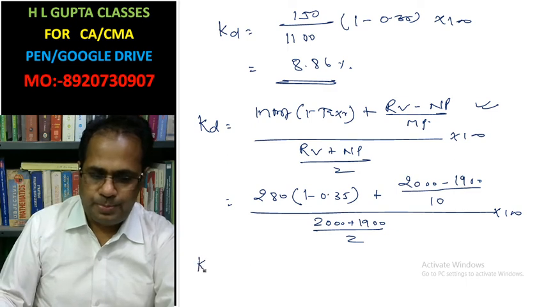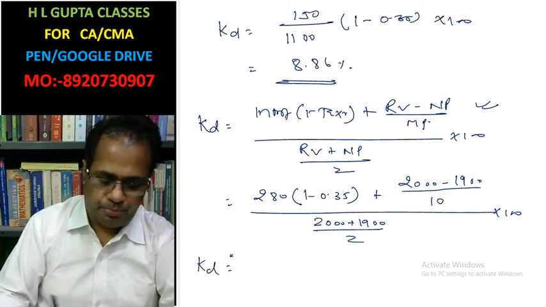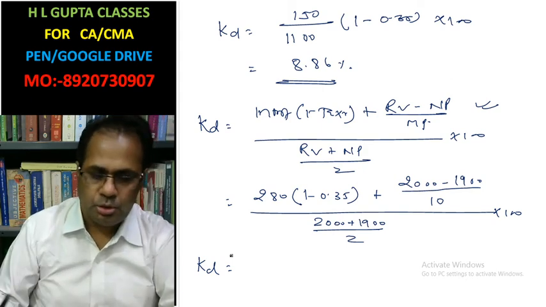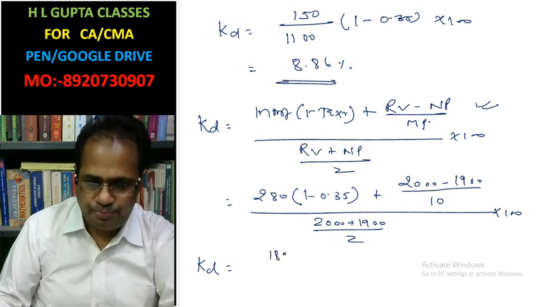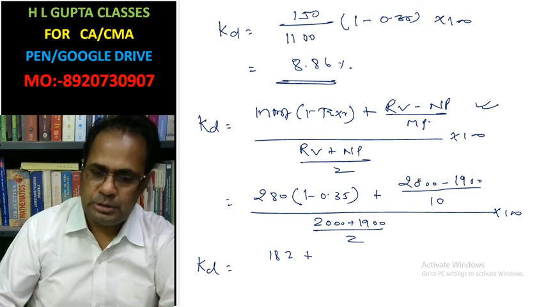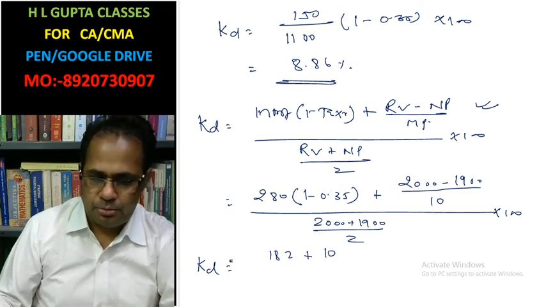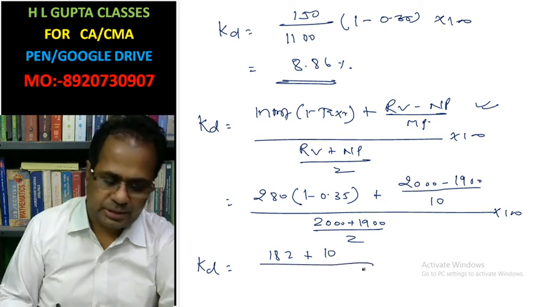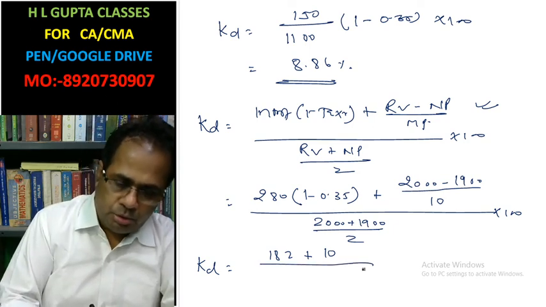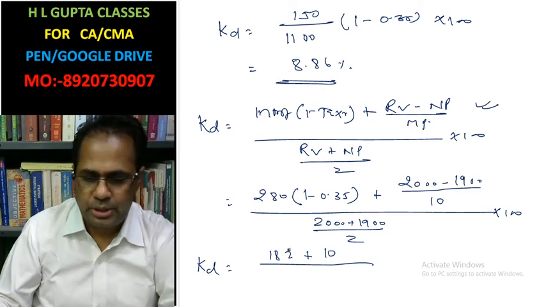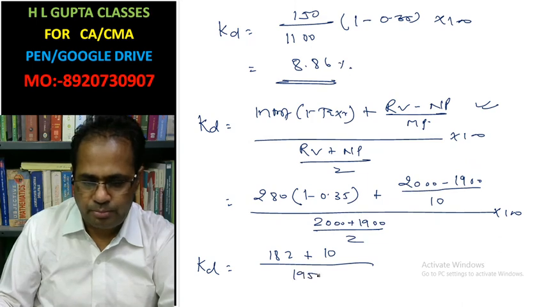Now KD equals 280 into 0.65, that is 182, plus 10, which is the annual redemption amount, divided by 2000 plus 1900 divided by 2, which is 1950, into 100.